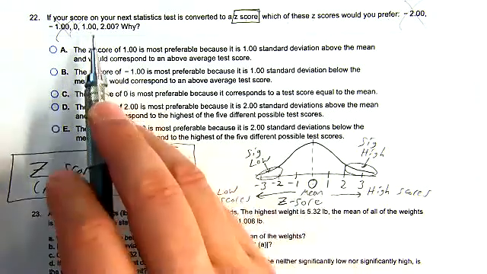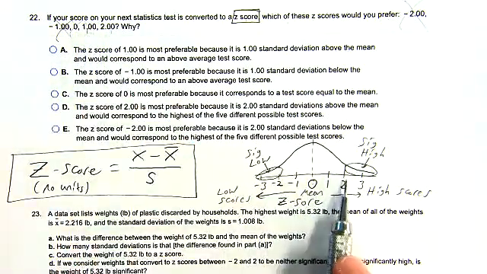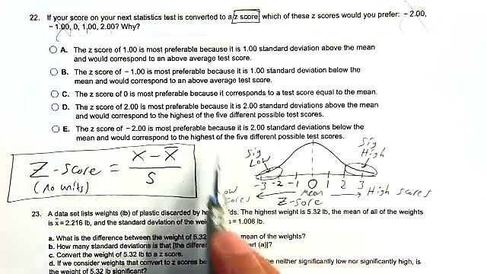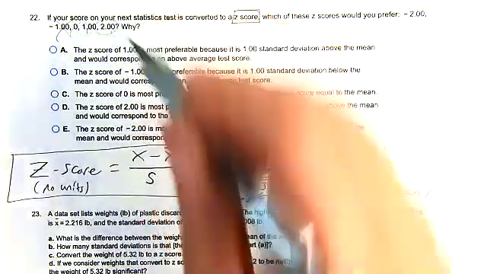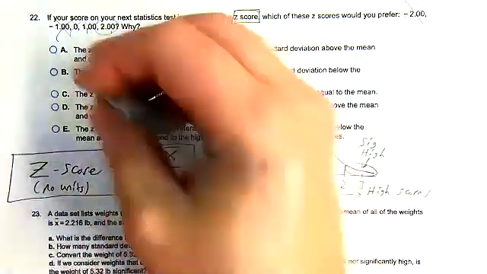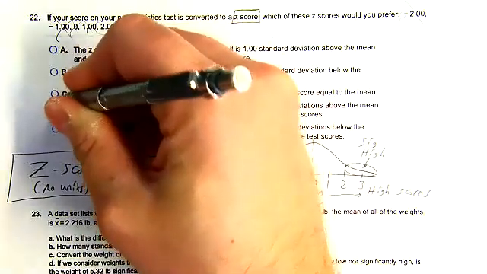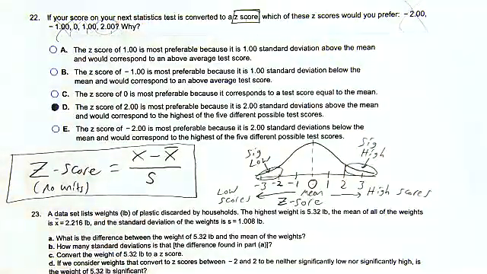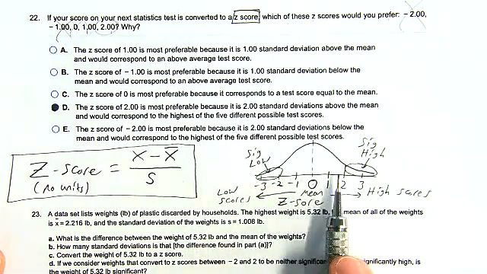That's pretty good. But the best one would be 2. If you had a z-score of 2 on the test, that means you scored better than 97.5% of the people. So that's the one you want. And so we would say D. Does that make sense? So it's just better and better scores as you move left to right.